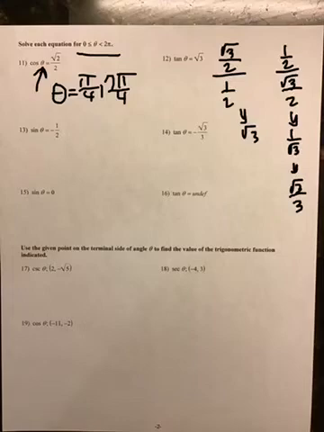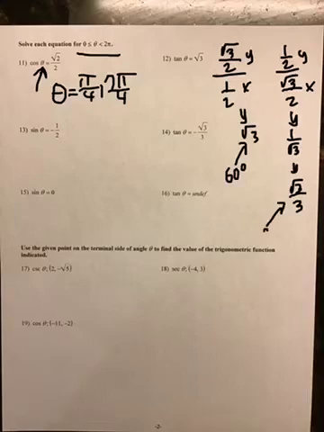Remember the tangent, you are taking the y value over the x value. Whenever we do the tangent of 60 degrees, we're going to get radical 3. Whenever we do the tangent of 30 degrees, we're going to get radical 3 over 3. So I can actually do both these problems in one foul swoop here. The tangent is radical 3.